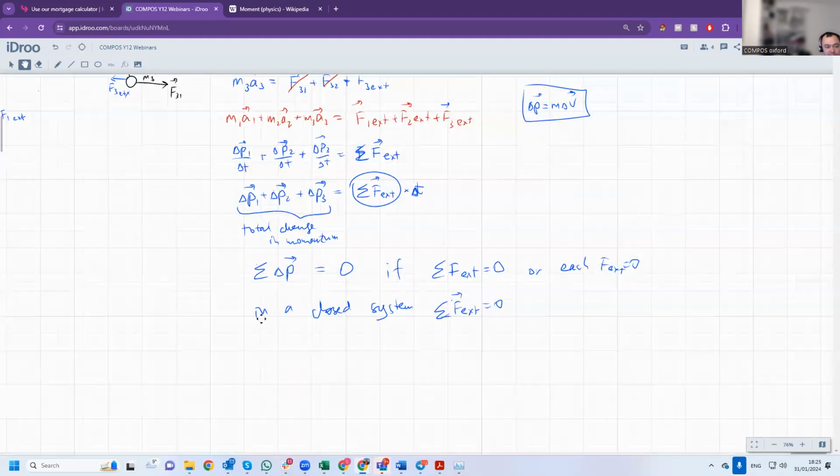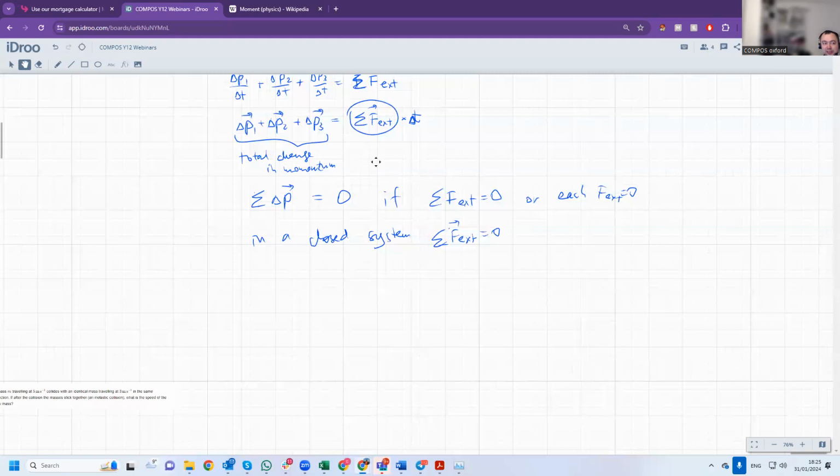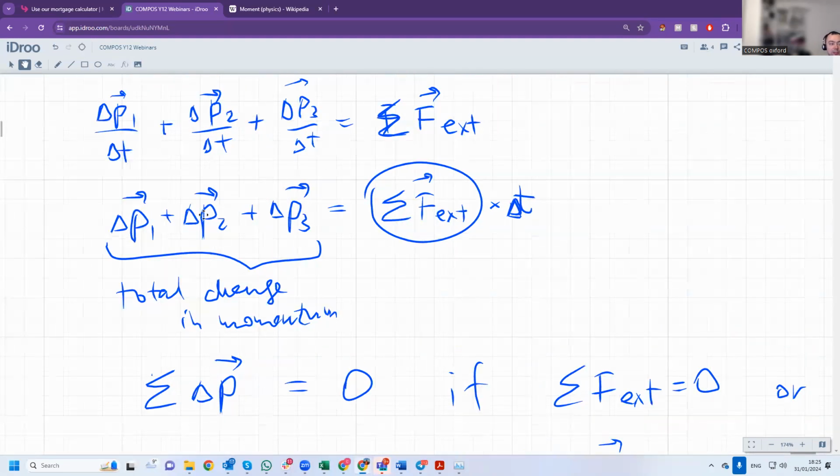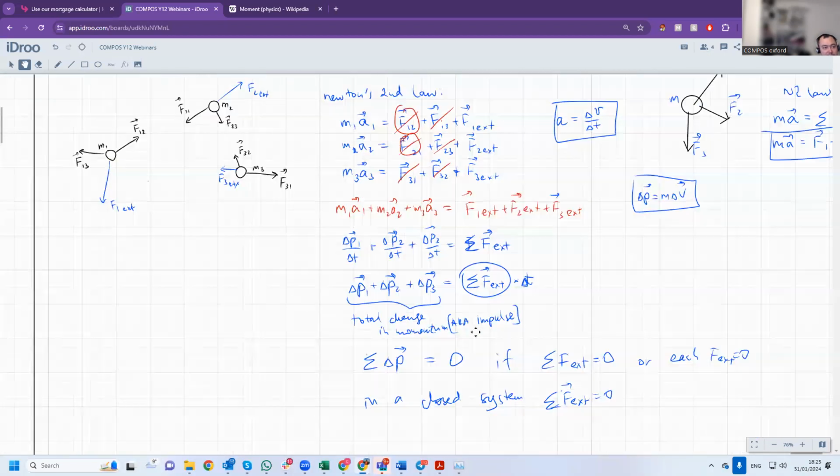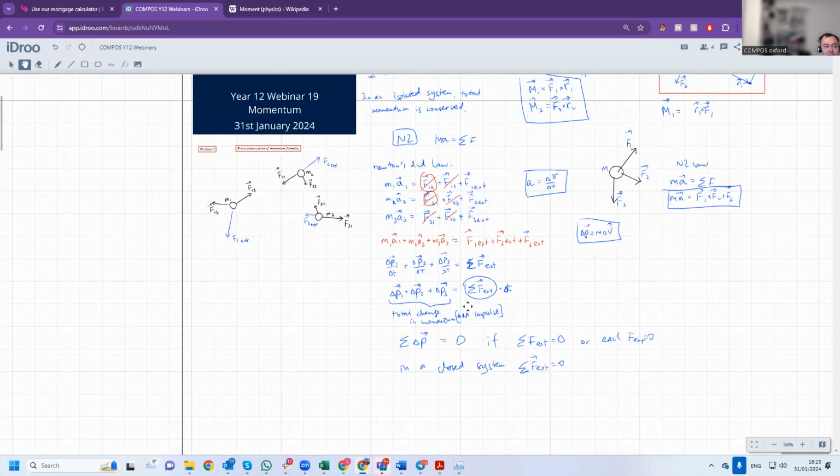Well, impulse is force times time. This is also known as impulse. Change in momentum, aka impulse. So we formally proved that conservation of momentum is a consequence of Newton's laws.